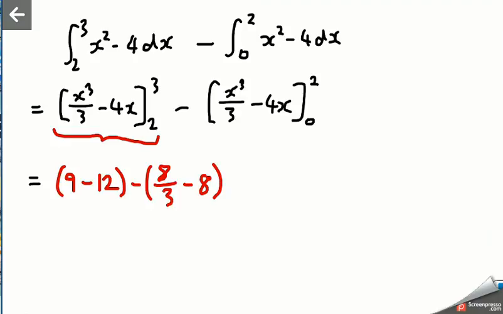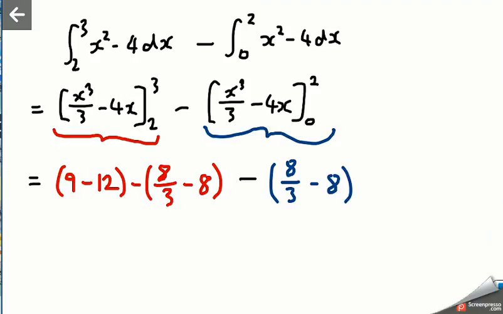Okay, now minus, let's work out this one. Well, when we put 2 in, we're going to get 2 cubed divided by 3, that's just 8 divided by 3 again, minus 4 times 2, so minus 8.